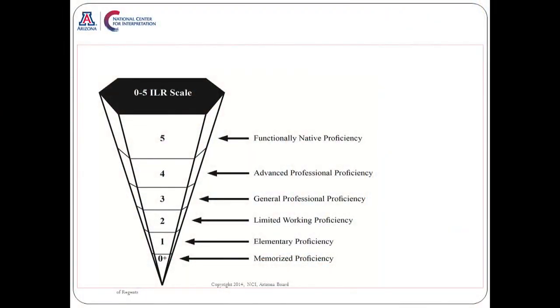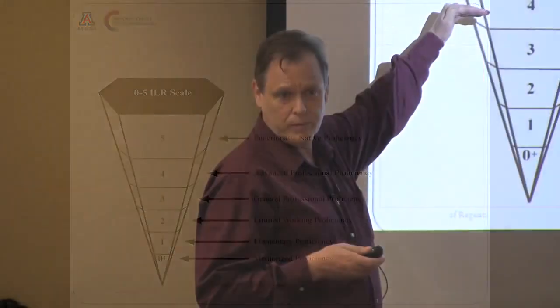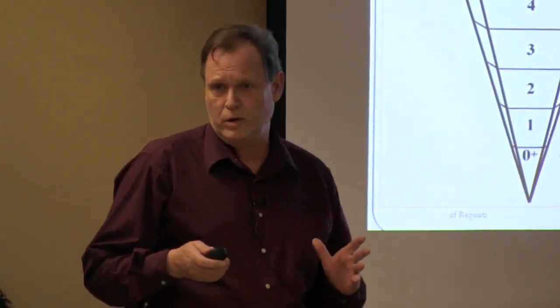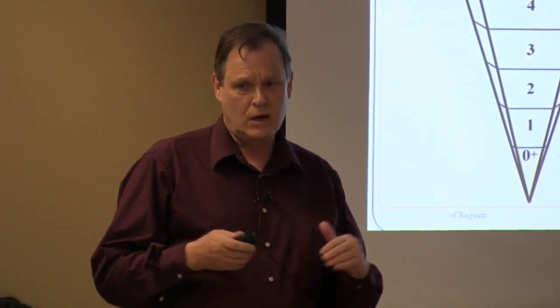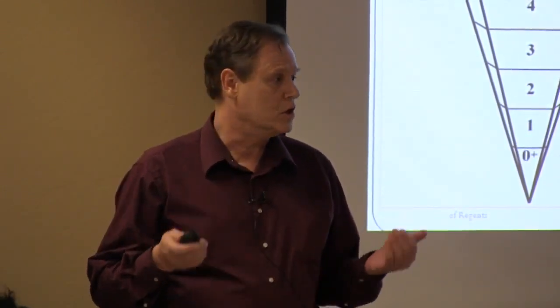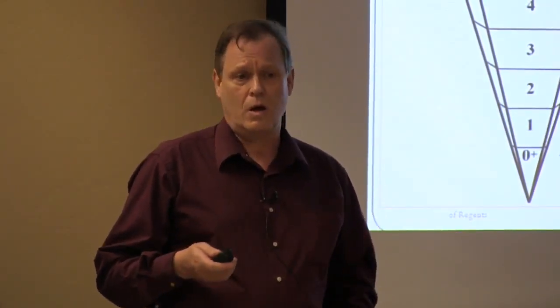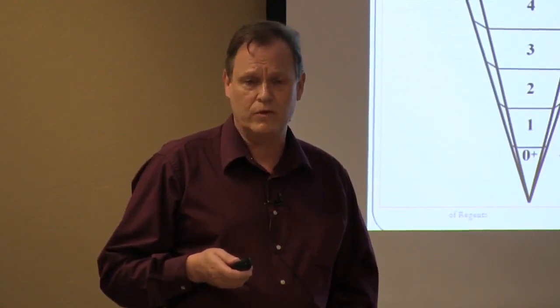You have the website on your handout, so I encourage you to go to that site and look at the descriptions for these different levels. For interpreters at the federal and state level, we put them right up here at a level 4. And when you look at that site, you'll see the different components of language. It's not only grammatical proficiency, but it's sociocultural proficiency, and it's really knowing how to get around all aspects of the language.